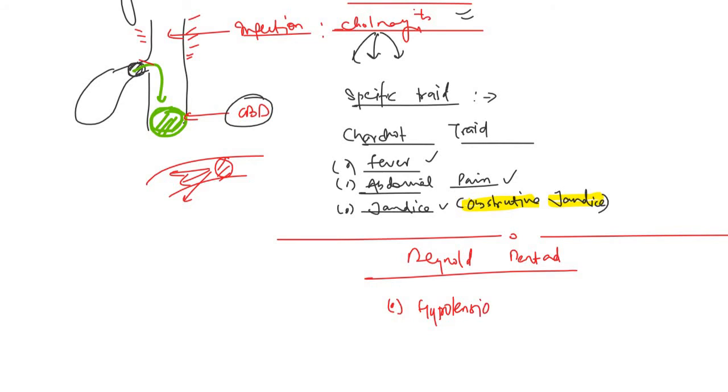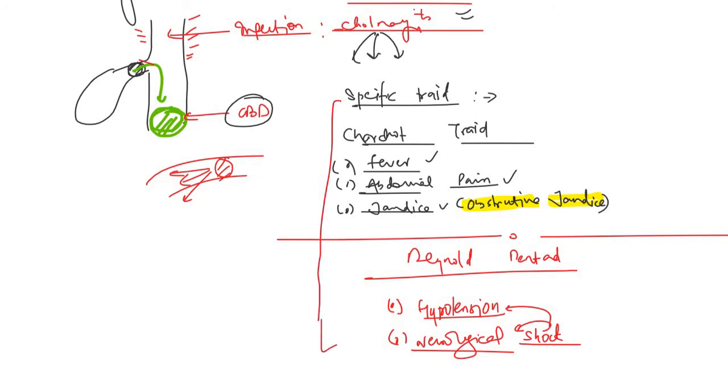So there is hypotension and there are neurological findings, because due to shock there will be decreased perfusion in the brain. Charcot's triad plus these two things constitute what is called Reynolds pentad. So this is the whole idea regarding ascending cholangitis.